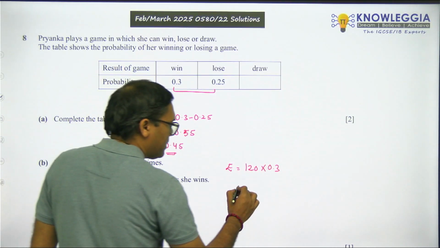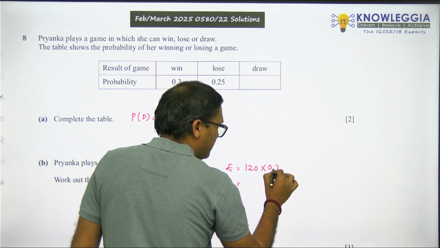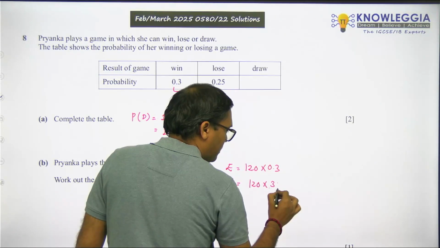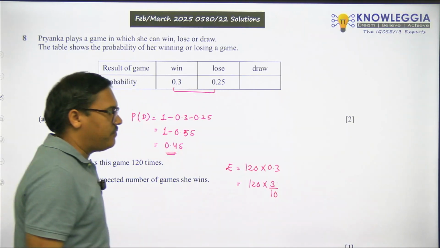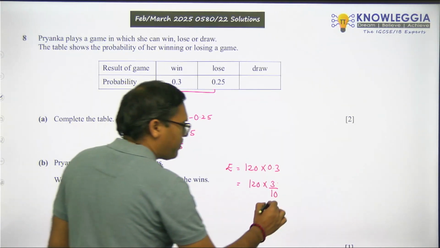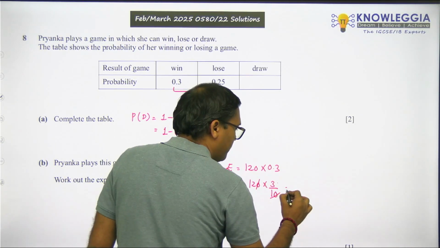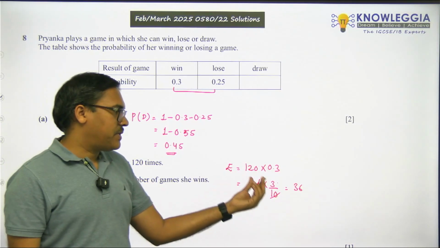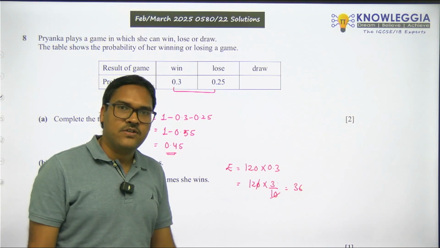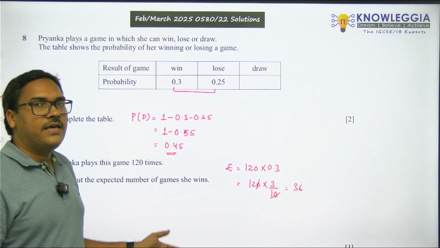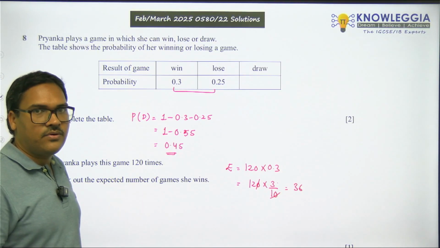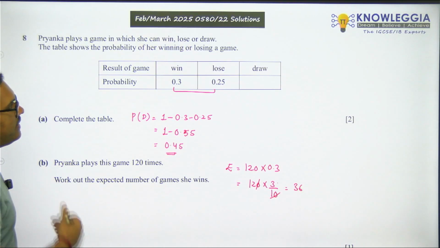Okay. So what is this? This is 120 into 3 by 10. So you can see if I cancel this 10, this will become 36. So out of 120, she will be expecting that 36 times she will win. That is how we can find the expected number of values. This is actually a statistical probability. Okay. So this is how we can find the value.